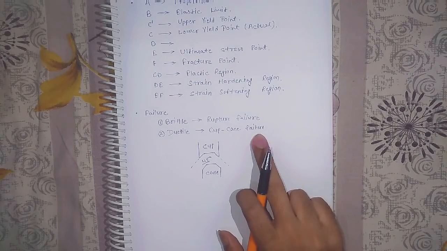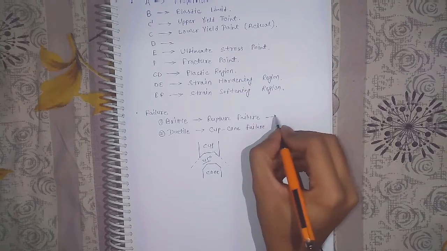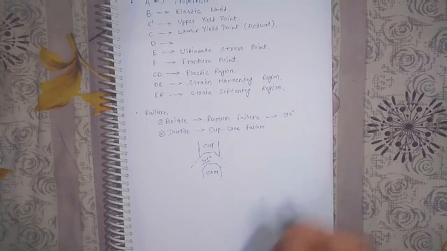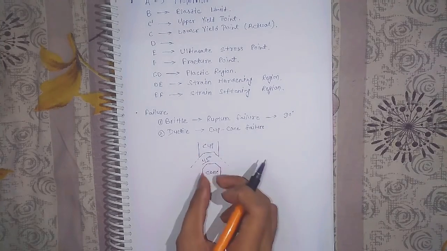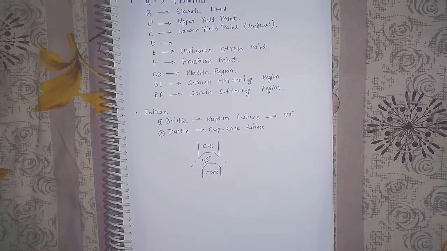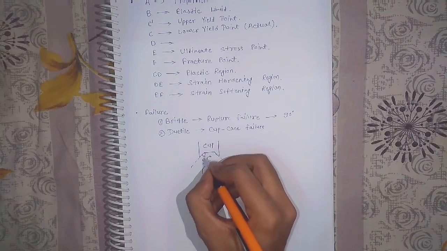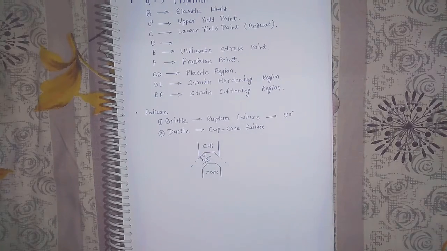In the cup cone failure, an angle of 40 degrees is made on one side and 90 degrees on the other, that is, the cone is fitted into the cup. The fracture is approximately at 45 degrees. So this is cup cone failure.